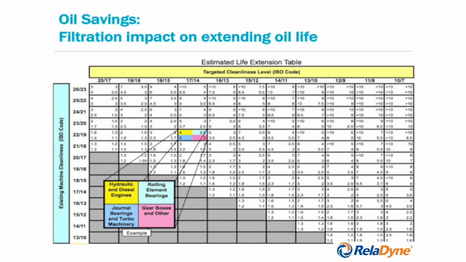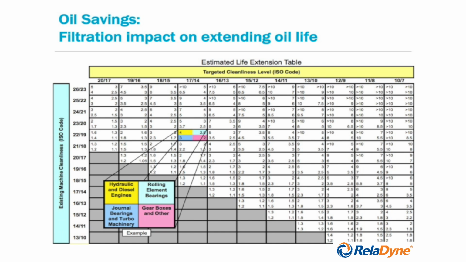The example that we're using is that if you presently have an oil that has an ISO code cleanliness of 22/19, that would be on the vertical scale, 22/19, and you have a targeted and actually achieved cleanliness level of 17/14, well then where these rows and columns are intersecting, that is where our example points to.